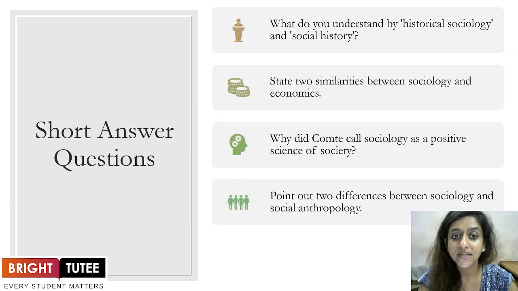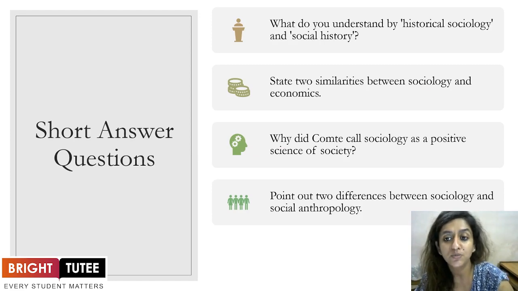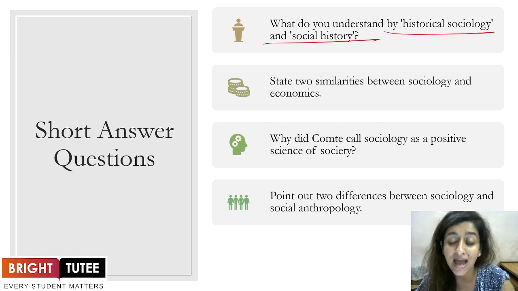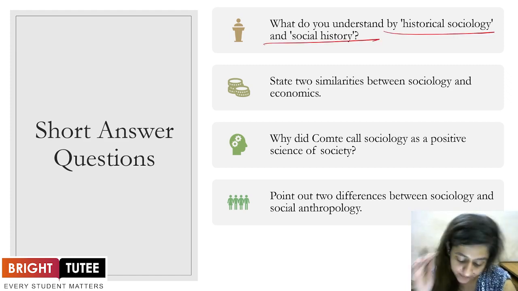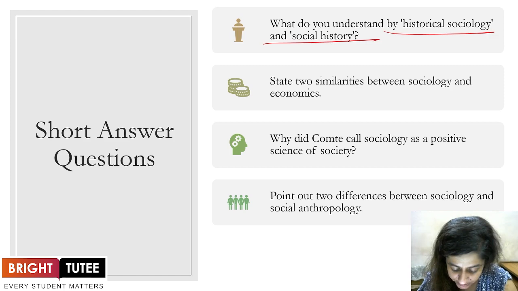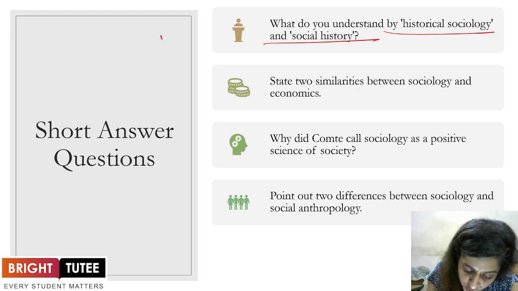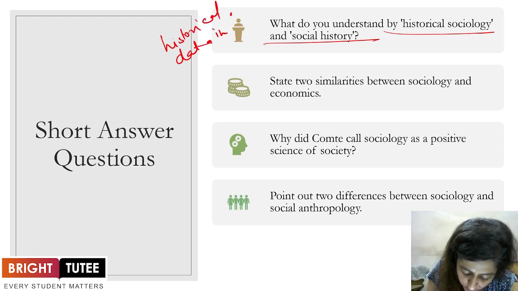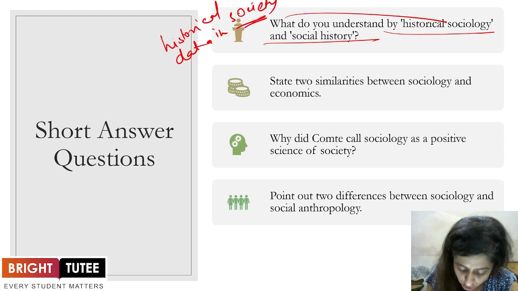Moving ahead to the short answers, the first one asks what you understand by historical sociology and by social history. Basically, when you use historical data in sociology, that gives rise to historical sociology.